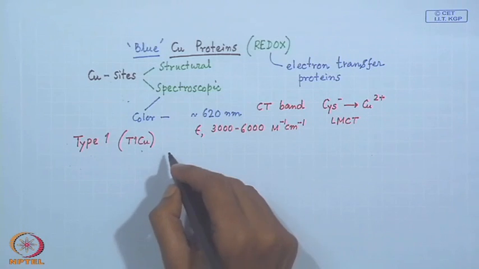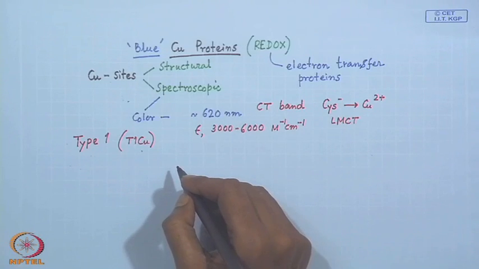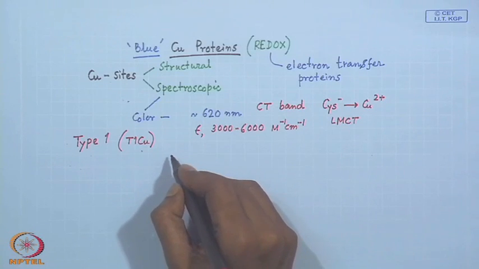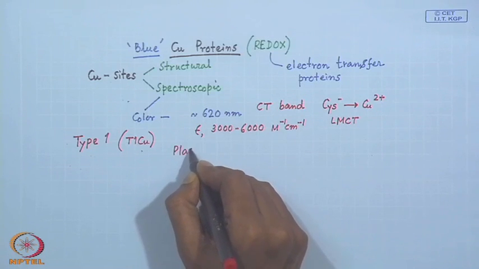and there are a large number of such molecules available. They can be from plant origin, they can be from bacterial origin. One is our well known molecule plastocyanin.